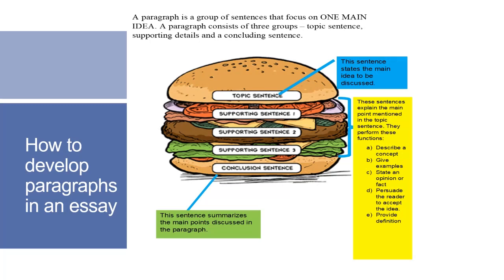So that's how you go about developing your supporting sentences or supporting details. Now, the final sentence in a paragraph, and students often leave this out, but it's very important. The final sentence is called the concluding sentence, and what it does is summarize the main points you discussed in the paragraph, or it may provide a transition into the next body paragraph.